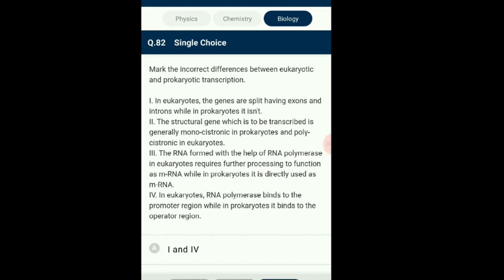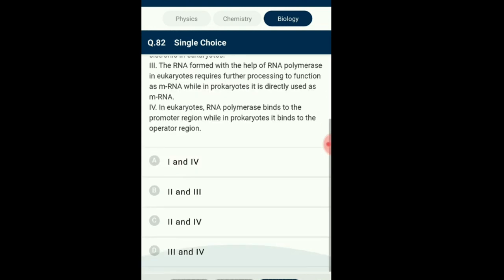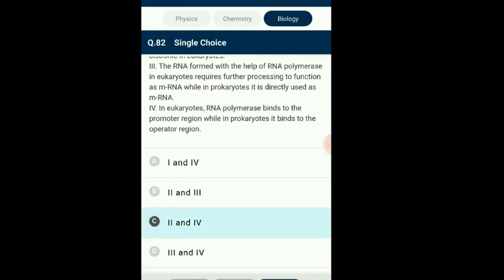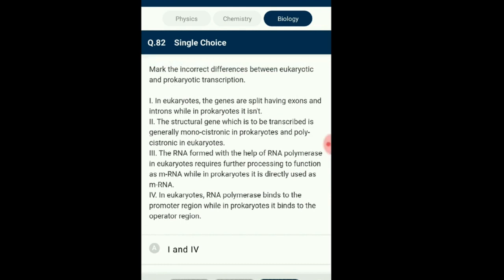The RNA formed with the help of RNA polymerase in eukaryotes requires further processing, that is splicing, capping, and tailing, to function as mRNA, while in prokaryotes it is directly used as mRNA. In both prokaryotes and eukaryotes, RNA polymerase binds to the promoter region. So the answer for this question is option C. From the given 4 statements, the second and fourth statements are incorrect differences between eukaryotic and prokaryotic transcription.